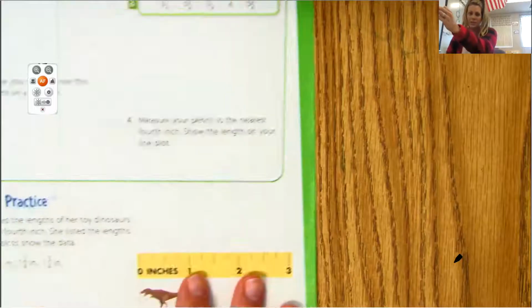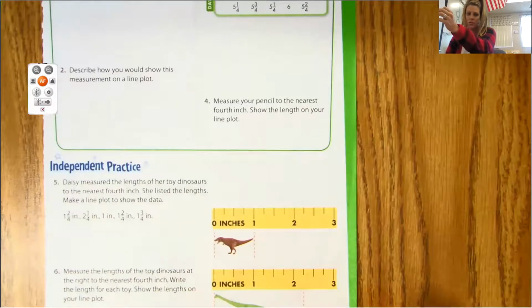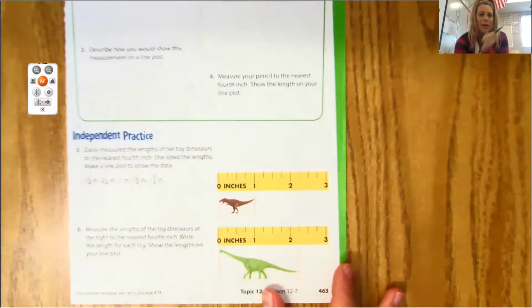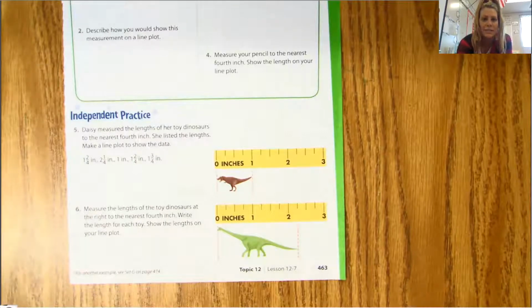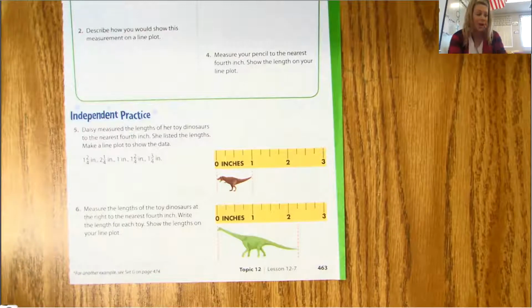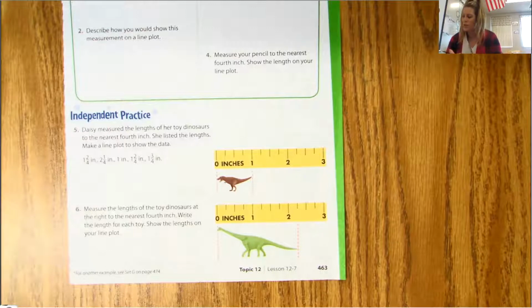All right, so here we go with page 463. We are going to practice measuring. We are going to practice putting that on a line plot and then answering some questions about the data on the line plot.